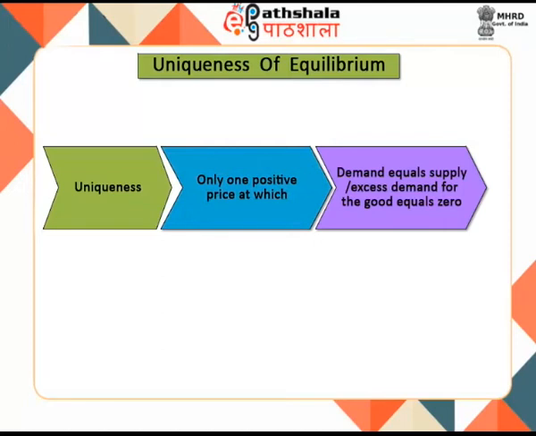However, in some situations, there exists more than one positive price at which demand equals supply. Such possibilities arise when either the demand curve or the supply curve or both the curves do not behave normally.